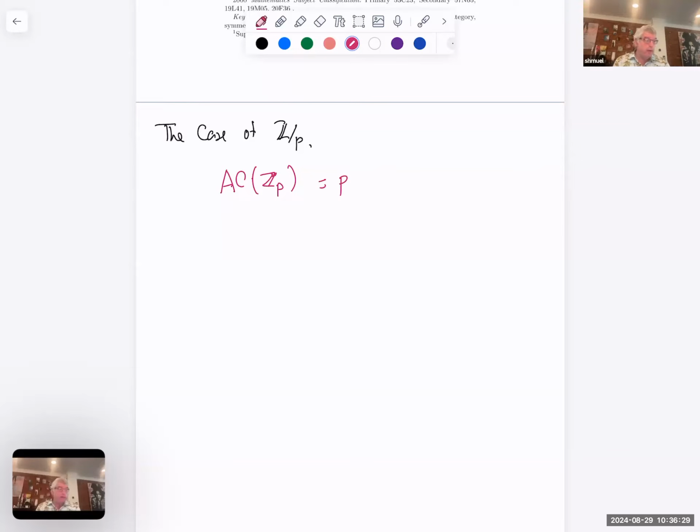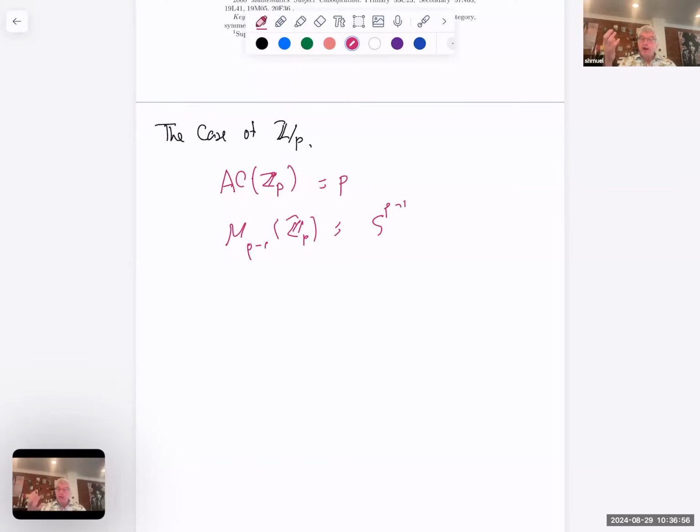But if you think about it, the proof is again pretty straightforward. You want to look at measures with support of size p minus 1, which would be the most extreme case, of Z mod p. This is going to be a sphere S^(p-1).